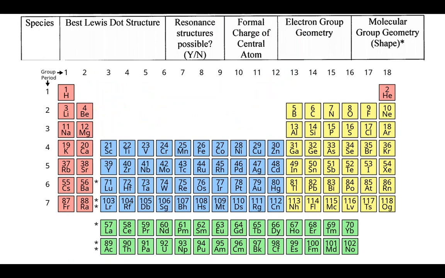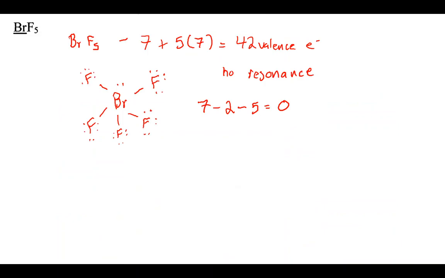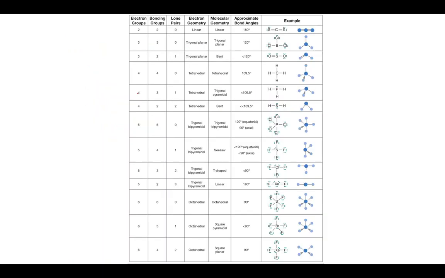And then the last 2 are our electron group geometry and molecular geometry. Essentially with this guy, you want to look at your table. We have 6 groups in total, 5 bonds and 1 lone pair. So you look here: 6 groups in total, 5 bonds, 1 lone pair. The electron and molecular geometries are octahedral and square pyramidal.